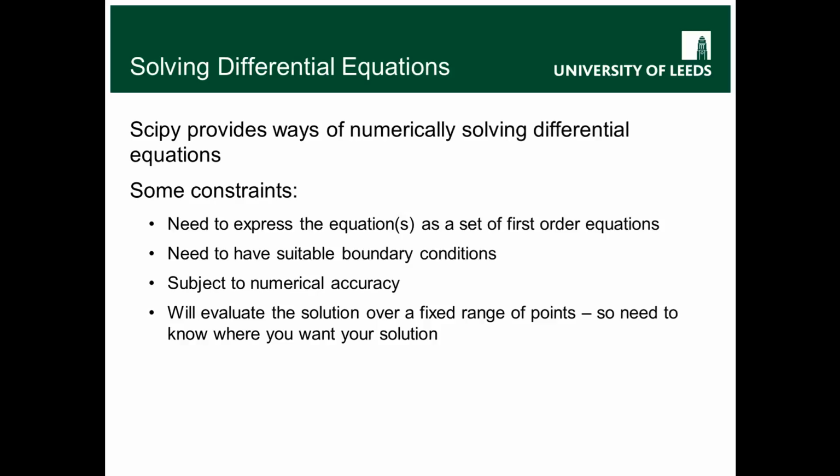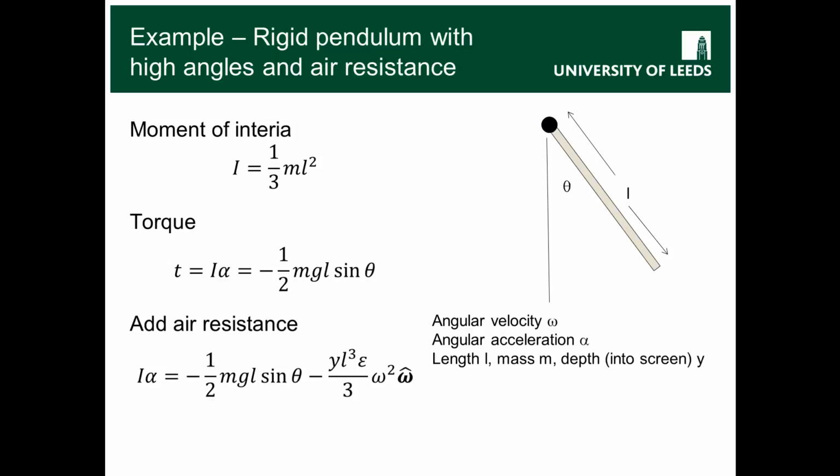First of all, you are going to have a moment of inertia. Because this is a uniform rod of a certain length L, we can calculate its moment of inertia as 1/3 times its mass times L squared. Therefore you're going to have a torque, which is given by that moment of inertia times the angular acceleration, and that torque is also given by the component of the weight acting perpendicular to the pendulum's length and acting through the middle of the pendulum.